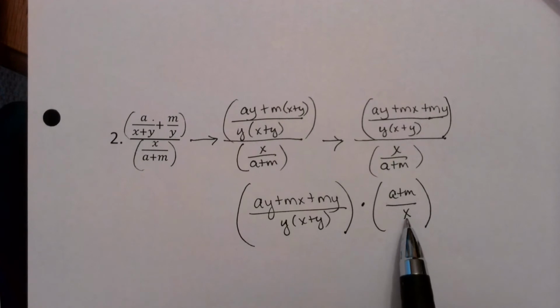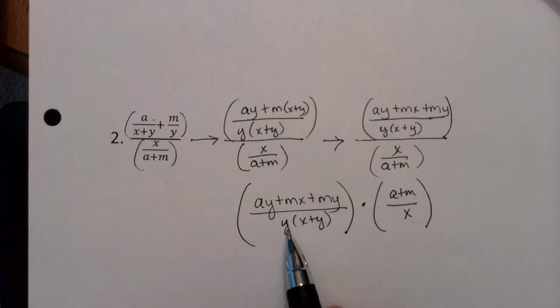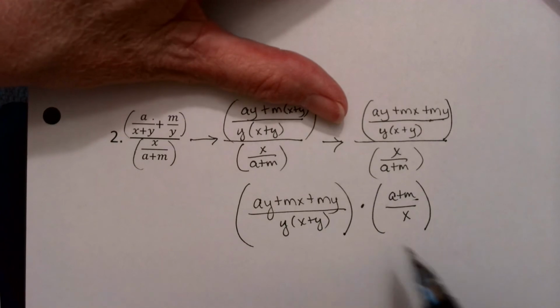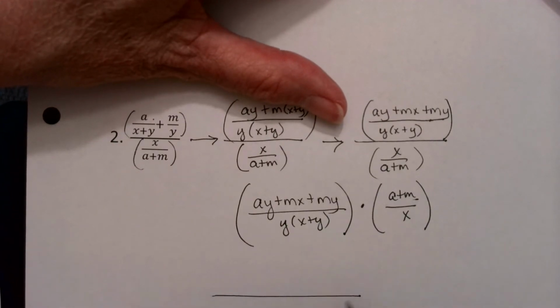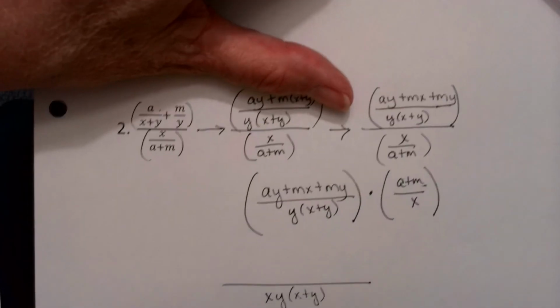I cannot reduce anything here, because if I wanted to reduce an x out of here, it'd have to be in all of them. Or a y out of here, it'd have to be in all of them. It's not. So the bottom's easy. The bottom is going to be xy times x plus y. So it's going to be x times y times x plus y. So you can just leave it like that.